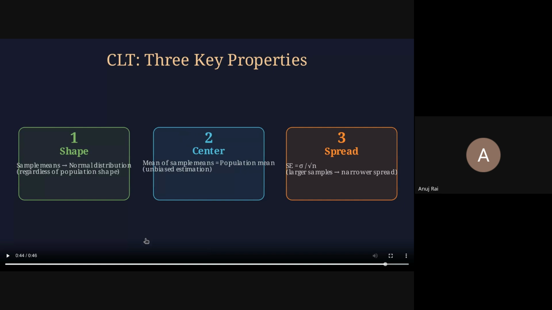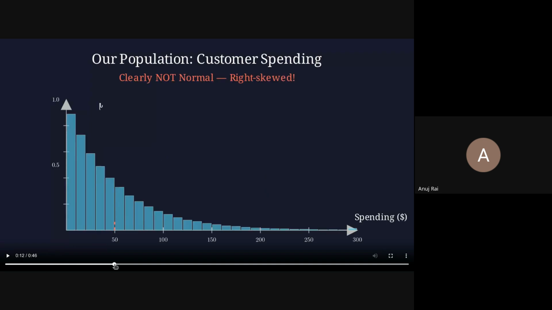We saw that here, because the population is about the real data points, real spending, whatever it is.